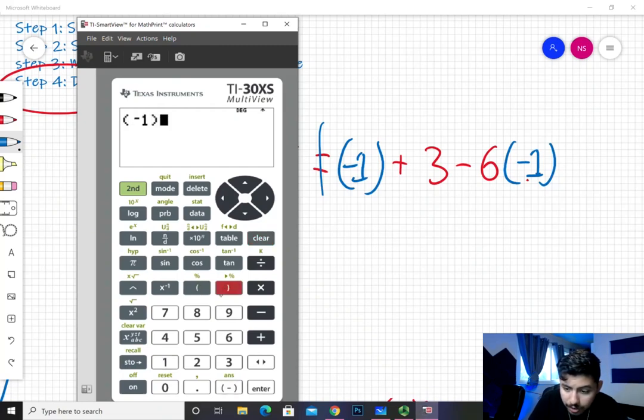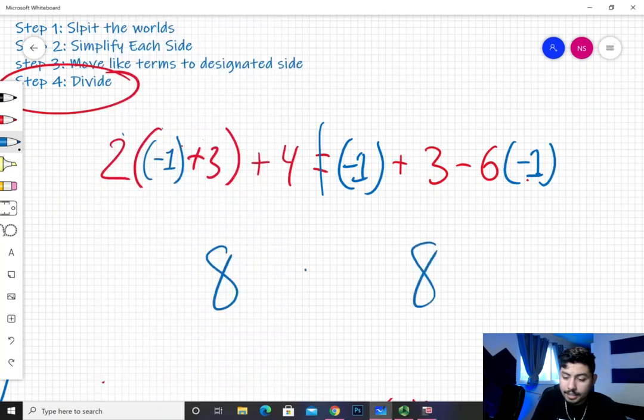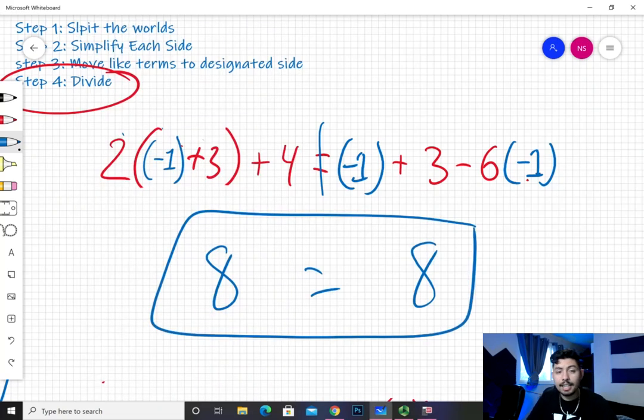Negative 1, parentheses, plus 3, minus 6, parentheses, negative 1, parentheses. Enter. Look at that, I got an 8. Does 8 equal 8? Yes, sir, which is why negative 1 is the correct answer for x, and you know 100% even before I sent you the graded worksheet that you got this answer correct.